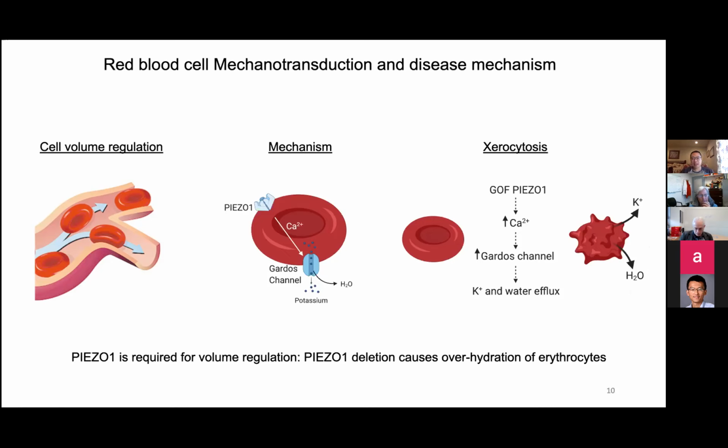Importantly, by loss-of-function analysis, we showed that piezo-1 is required for red blood cell volume regulation, because if we delete piezo-1 from the red blood cells, they become bigger or overhydrated. That suggests that this important ion channel mechanosensor has an important function in red blood cell physiology.